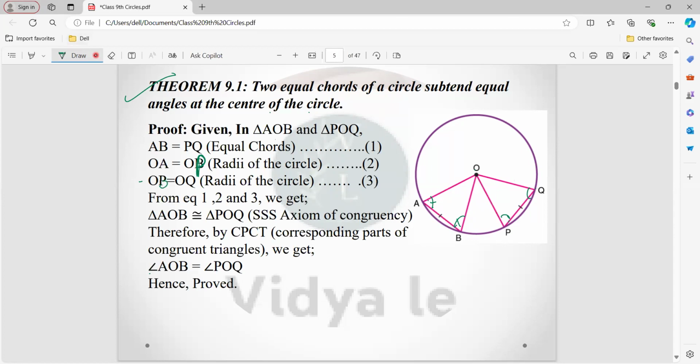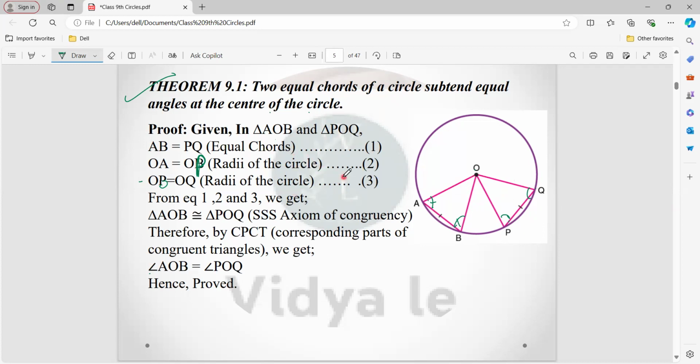All right. As these are radii, they are equal. Now, using equations 1, 2, and 3, we can say that the two triangles, triangle AOB and triangle POQ, are congruent to each other using side-side-side congruency, right?